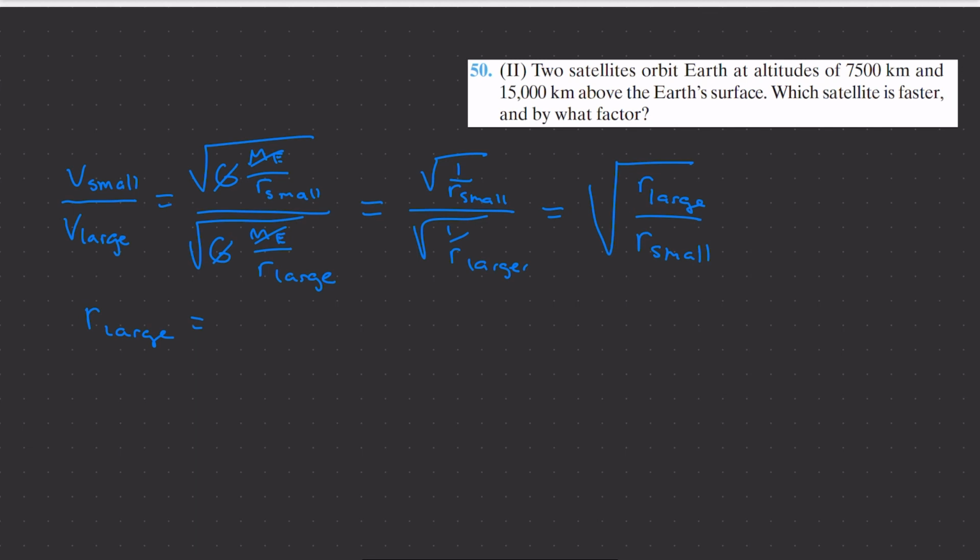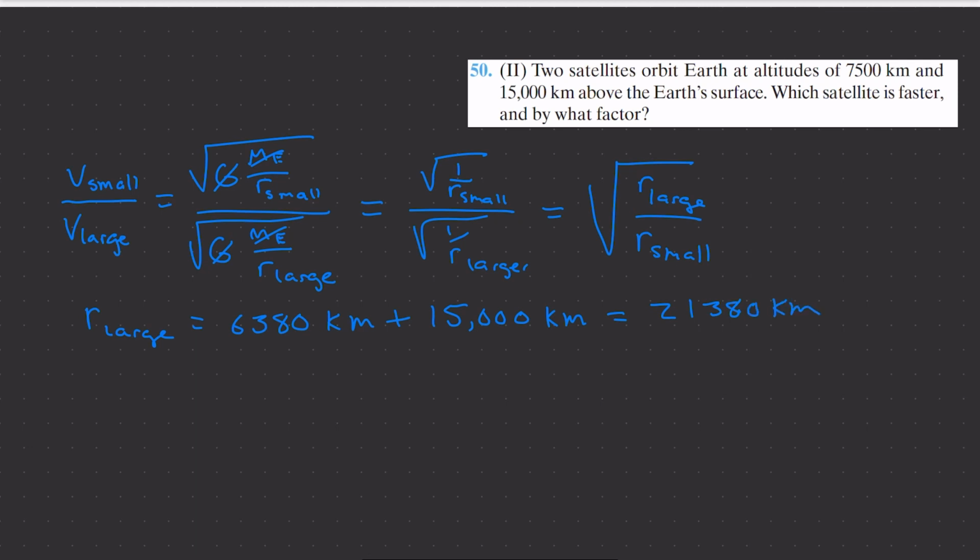The radius of the Earth in kilometers is 6,380 kilometers, and then plus, for the larger radial distance, 15,000 kilometers. That gives me a larger radial distance of roughly 21,380 kilometers.